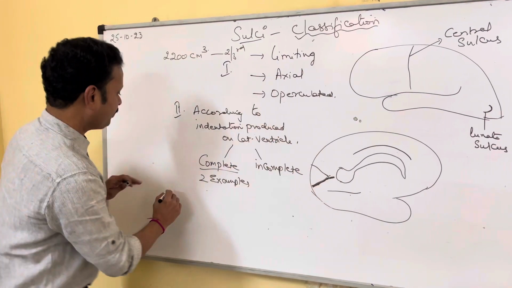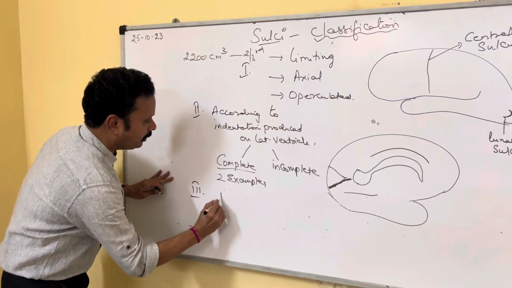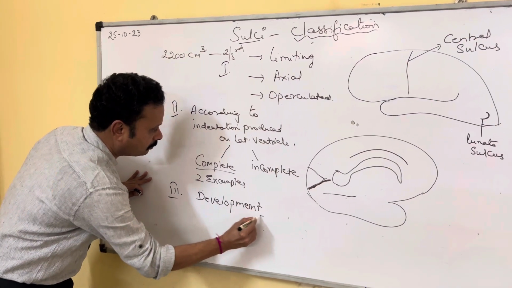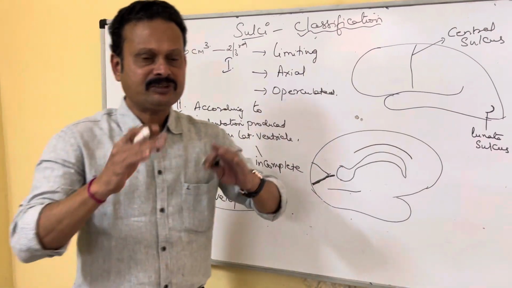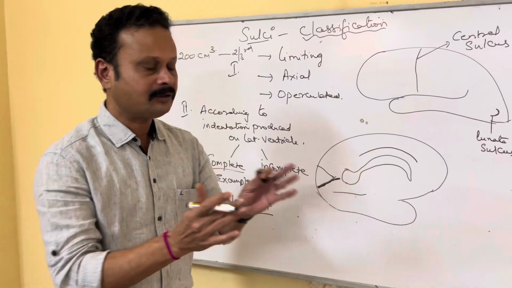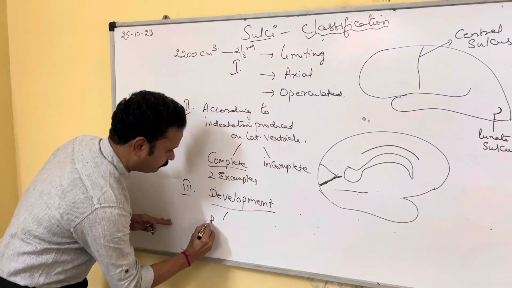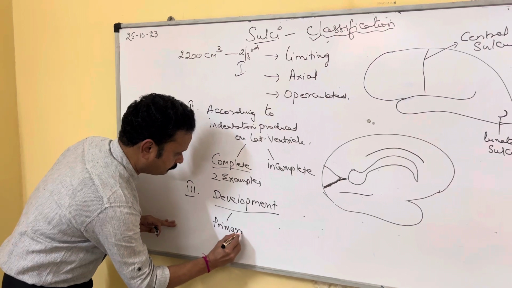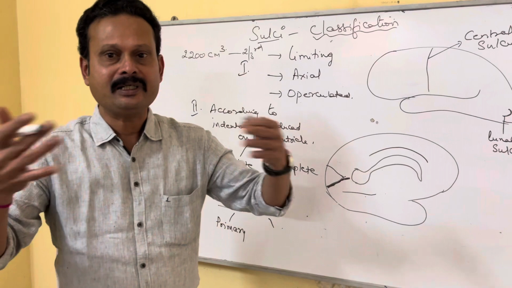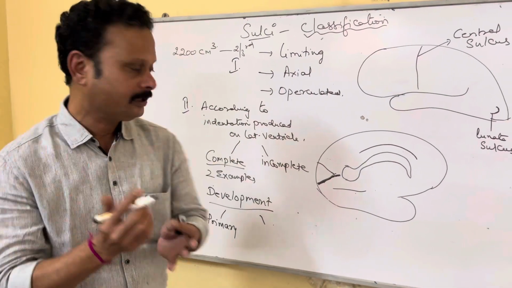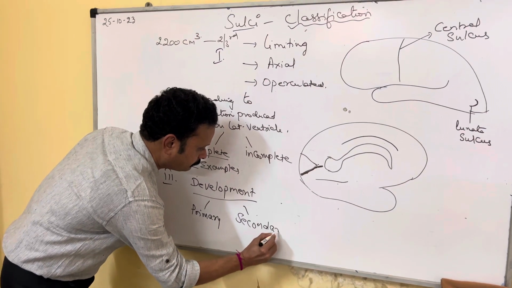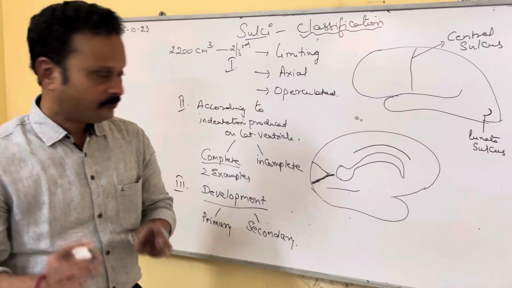Third type of classification is according to development. Any sulcus which is formed independently without any secondary influence is a primary sulcus. Any sulcus which is produced due to secondary influence or due to molding of the brain is a secondary sulcus.